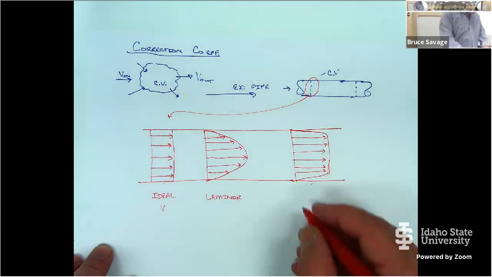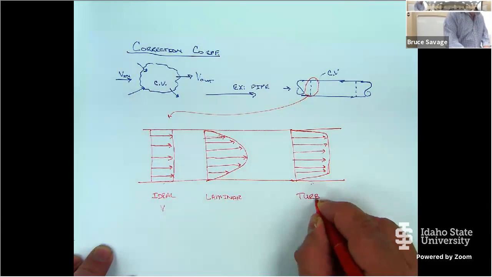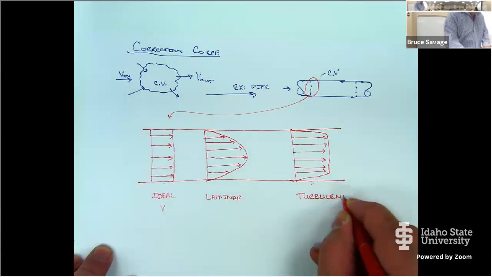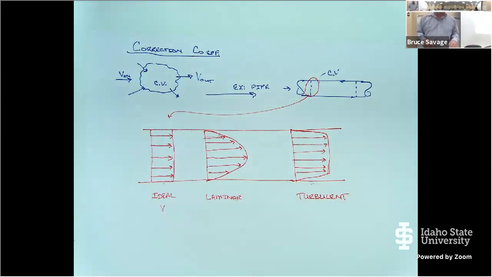Okay? So both of them start here at 0 and go out, where the ideal one automatically has that velocity. All right? So what I'm trying to point out here, even in a pipeline, if we have turbulent flow, if we measure the momentum transfer near the boundary, it's not the same as the momentum transfer in the middle. And we have to take that into account. Now, we could go into some big derivation, but I really don't want to do that.